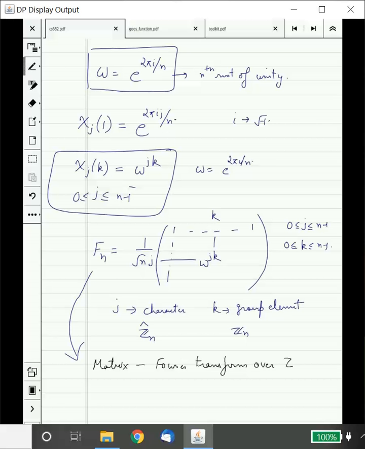It will take a vector with n values. I will apply Fn to it, and the Fourier transform will be a vector with n entries.